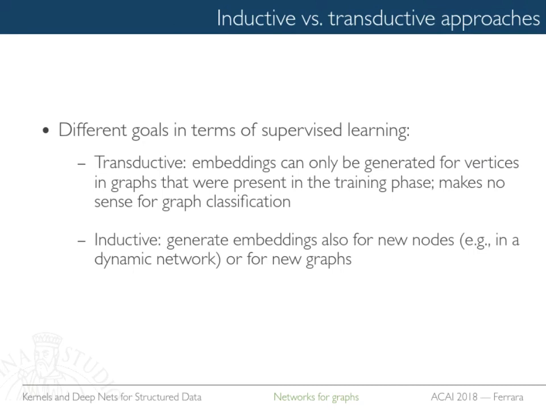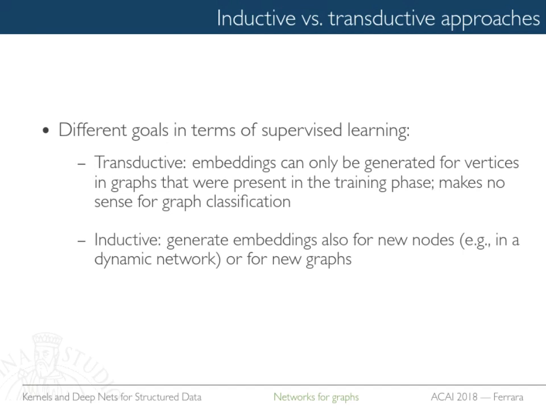Oh, sorry. There is also another issue. That's very important. For example, if you want to do classification on the individual vertices, right? When you classify individual vertices, you can be transductive or inductive. You know what is the difference between inductive learning and transductive learning?